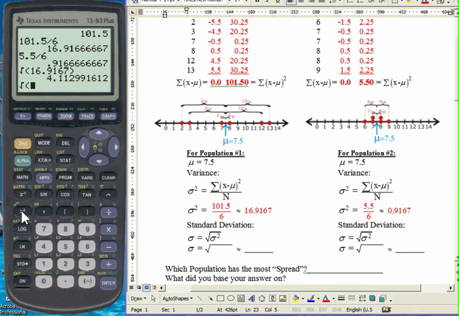Let's do this for population 2. Its variance was 0.9167, right parenthesis, and its standard deviation is only 0.96. So let's go ahead and put that in here.